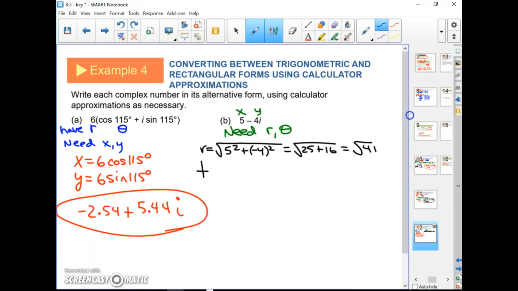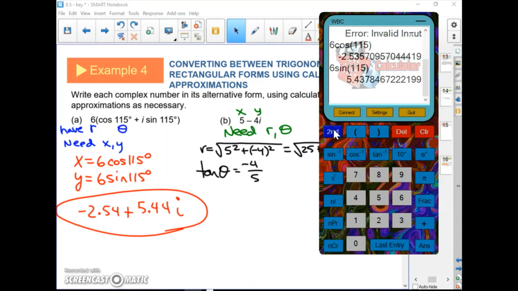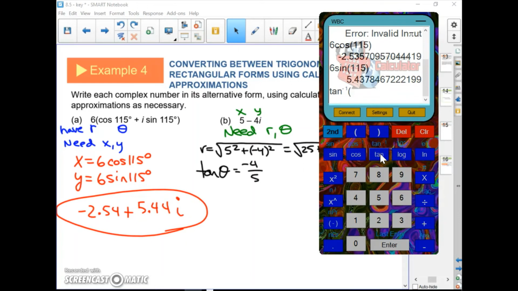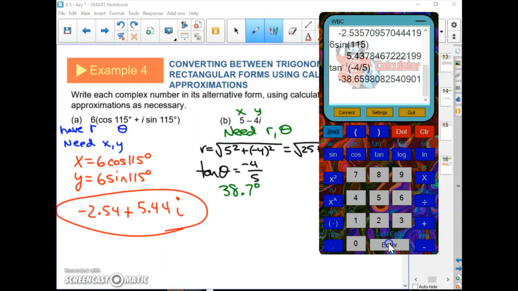As for theta, tangent theta I know is y over x. And so let's do an inverse tangent on that. Inverse tangent of negative 4 fifths. That negative doesn't really do anything for me. It's just talking about where we are. So here, when I get that out of the calculator, I see a 38.7 degree angle where tangent is negative.